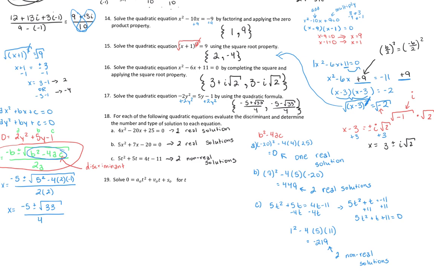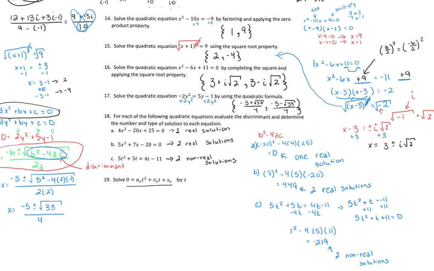Alrighty, so now for number 19, it is asking you to solve 0 equals a naught t squared plus v naught t plus s naught for t. So if we're trying to get just t, if you notice, this equation is in the same form as this equation here, correct?